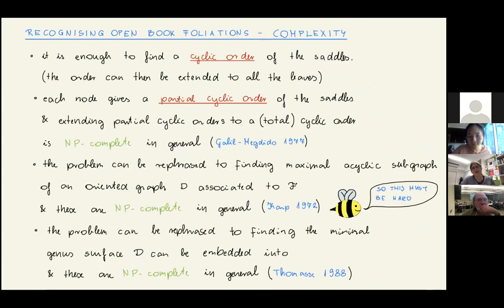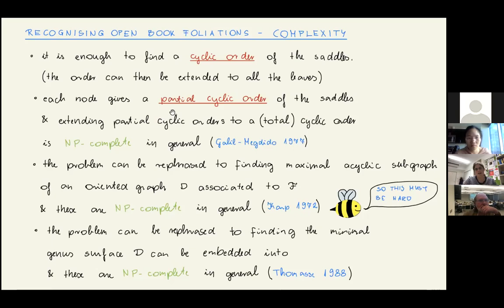All right. So what you have seen is that you don't have to give a time for every single leaf. It's enough to give a time for the saddles, because the rest can be just continuously extended.